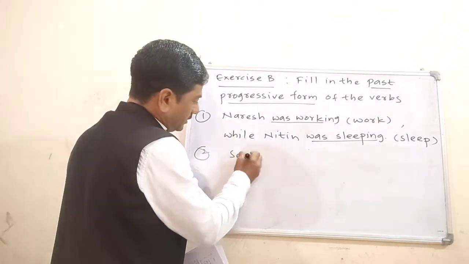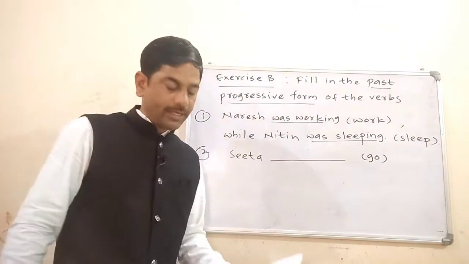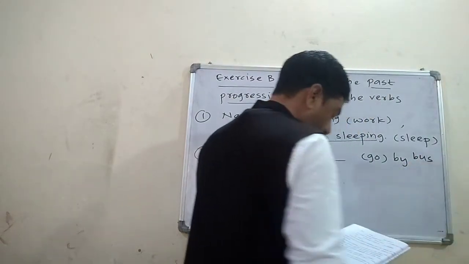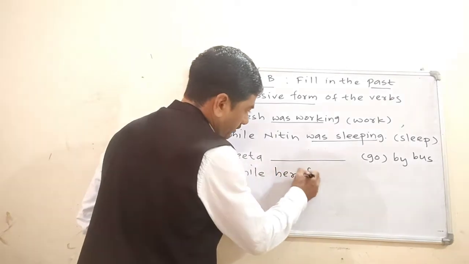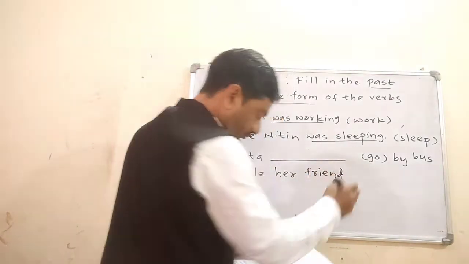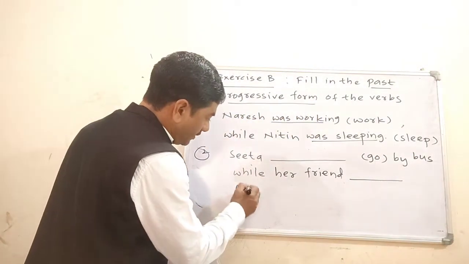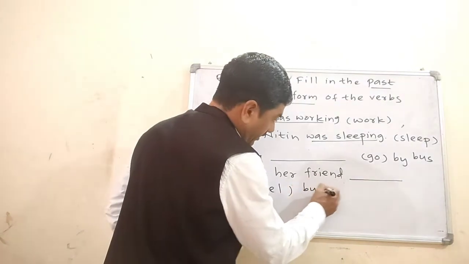Then number 2, Sita. The verb they have provided is go by bus. While her friend ___, and they have provided the verb travel by car.